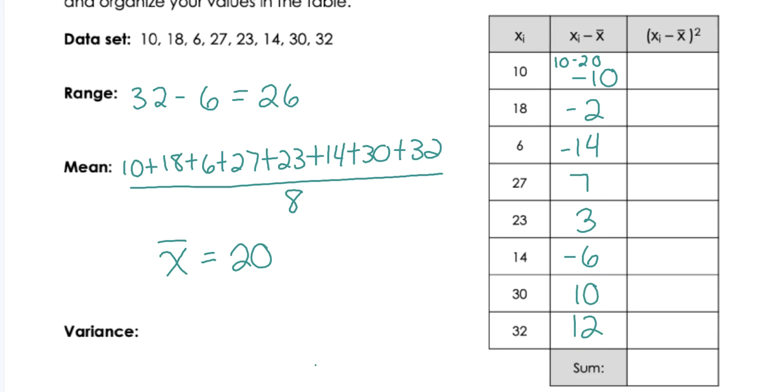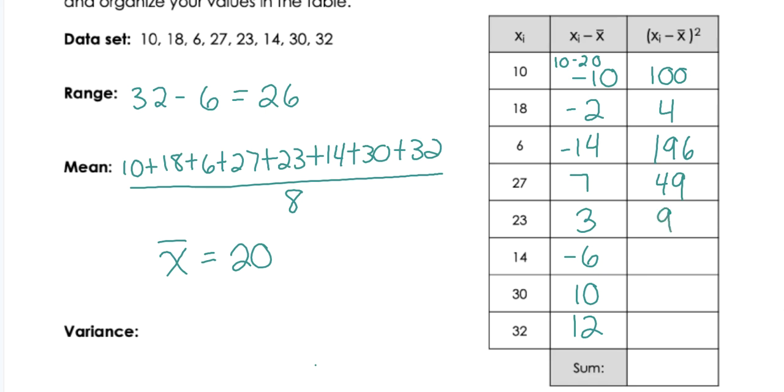So first we find just that general distance each point is from the mean. Then we're simply going to square each of those numbers, taking each of those that I just wrote in the middle column and squaring it. Negative 10 times negative 10 is 100. Negative 2 squared is 4. Negative 14 squared is 196. This one would be 49.